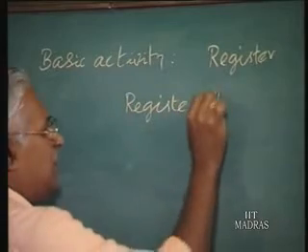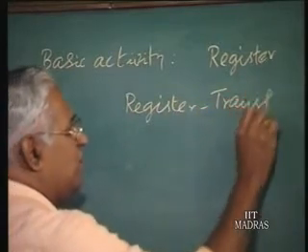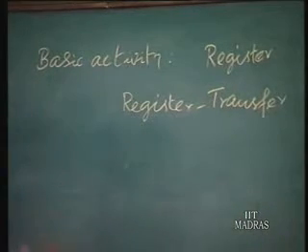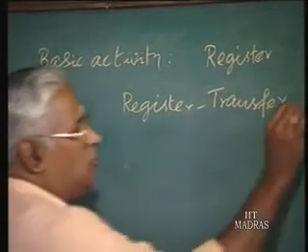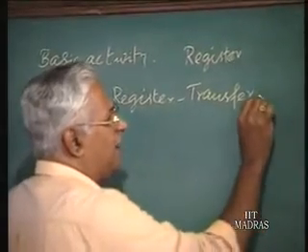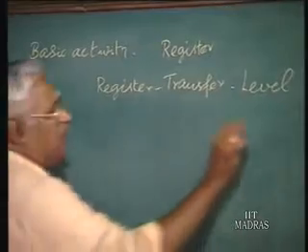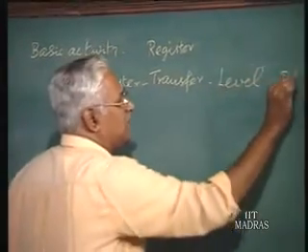register to register some transfer or clearing a register and so on. At the register level, we are talking about this. So this will be generally called a register transfer level activity, or just simply RTL.